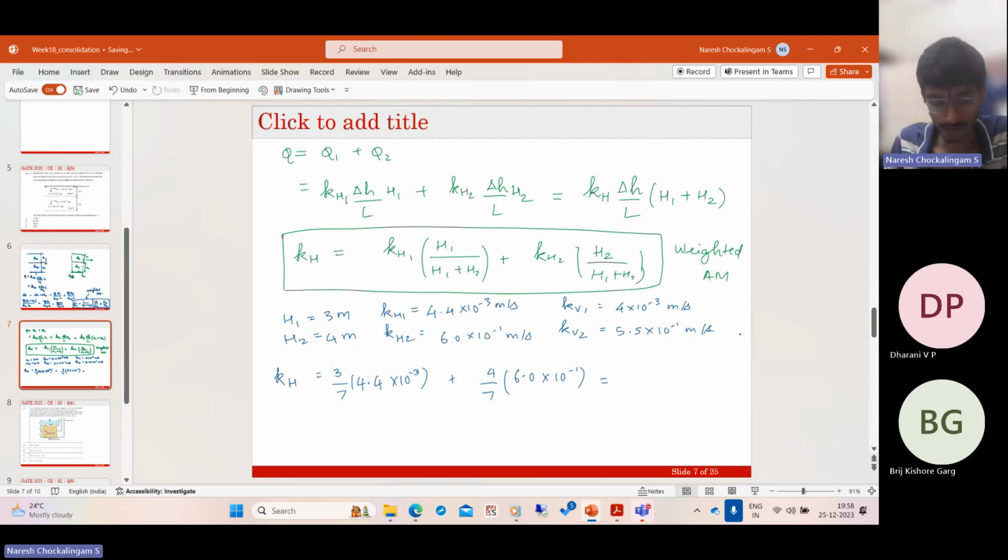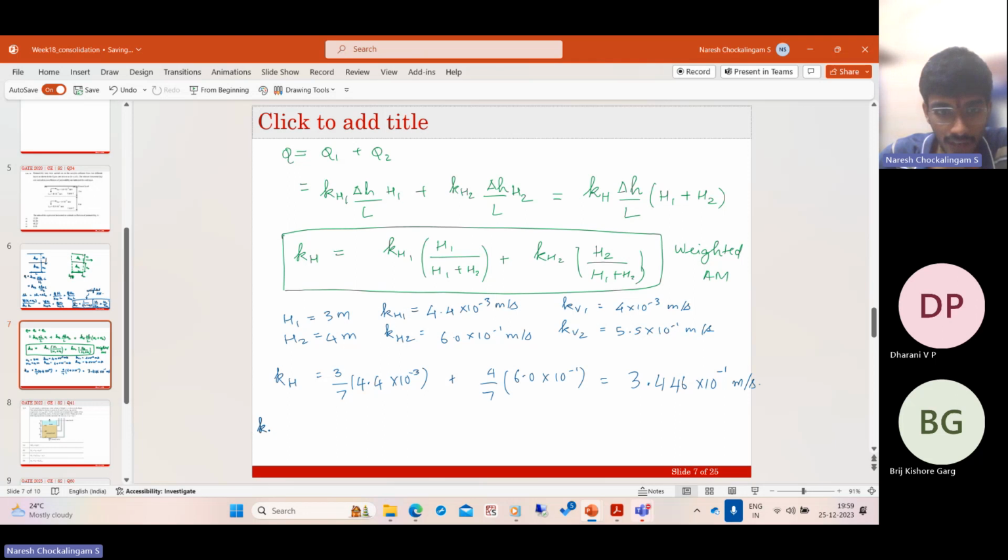It is 3 by 7 to 0. So this turns out to be around 3 into 10 power minus 1, units are meters per second.